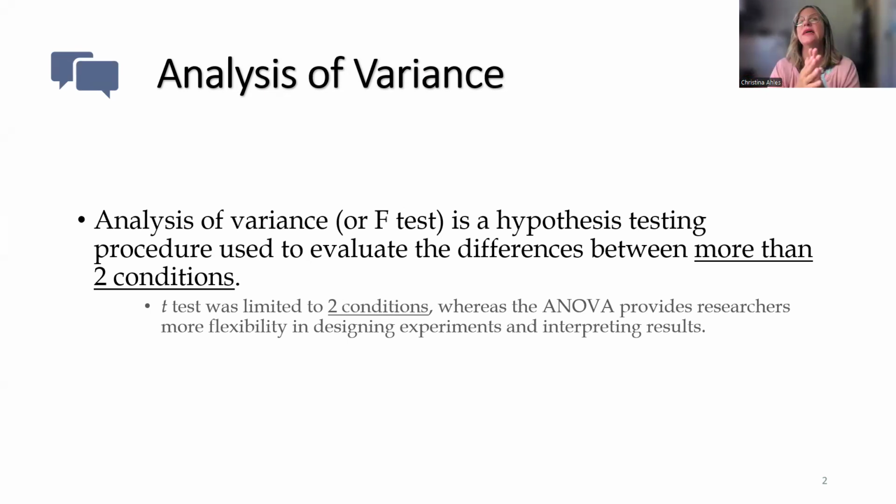With the paired samples t-test, you had two conditions with the same participants in each condition. And even with the one sample t-test, you are comparing one sample to the population mean, so there were two means involved. So t-tests were very limited to just two means or two conditions, whereas the ANOVA offers a lot more flexibility and is useful because we can have more than two conditions with that hypothesis test.